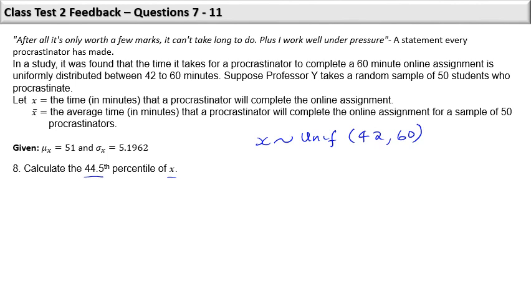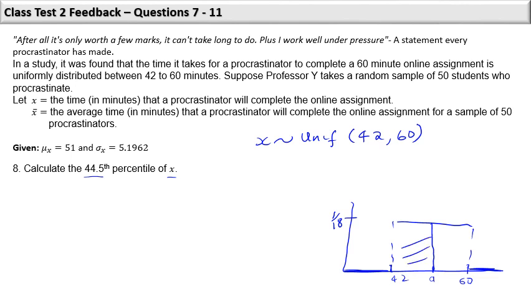And we went on to find its density, and we plotted its density and said it is 1 over 18 between 42 and 60. And then we went on to say it is 0 everywhere else. Now they are asking you for the 44.5th percentile. What the 44.5th percentile is, it's that value, say A, such that 44.5% of the values of X are less than or equal to that value.